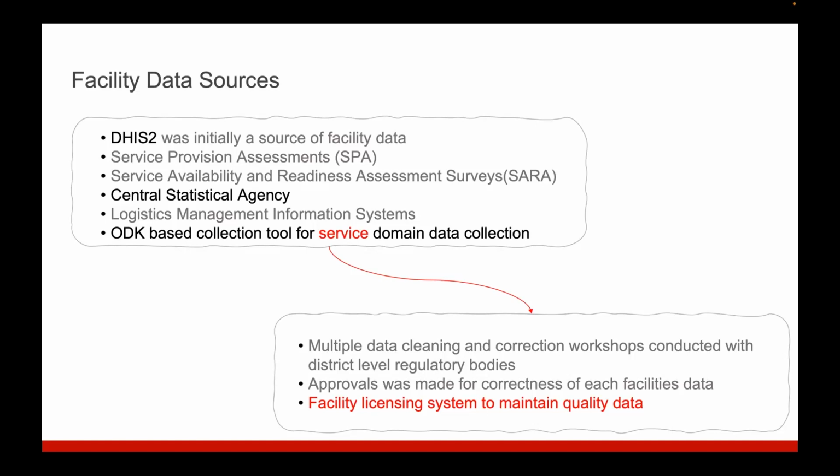Later on we also reconciled assessments like the SPA assessment, service provision assessment, and the SARA assessment, service availability and readiness assessment, because they have facility data. And we used the National Central Statistical Agency, the CSA, where they do all sorts of assessments and statistics, because they have a list of facilities for the health system.